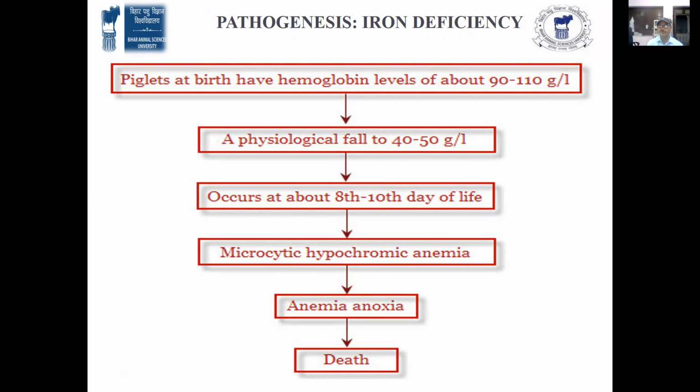Pathogenesis of iron deficiency can be understood by the following flow chart. Piglets at birth have a hemoglobin level of about 9 to 11 gram per deciliter, and with the physiological pulse it reaches 4 to 5 gram per deciliter at about 8 to 10 days of their life.